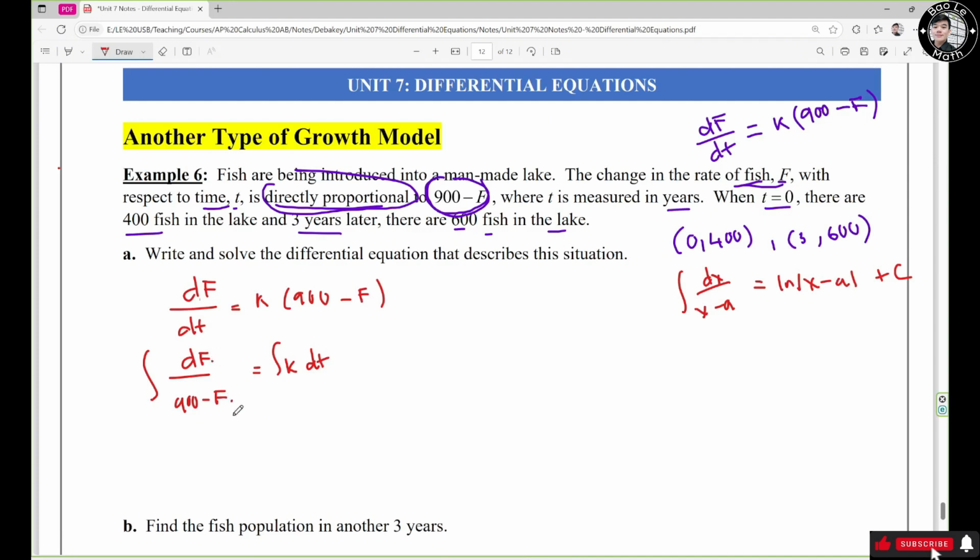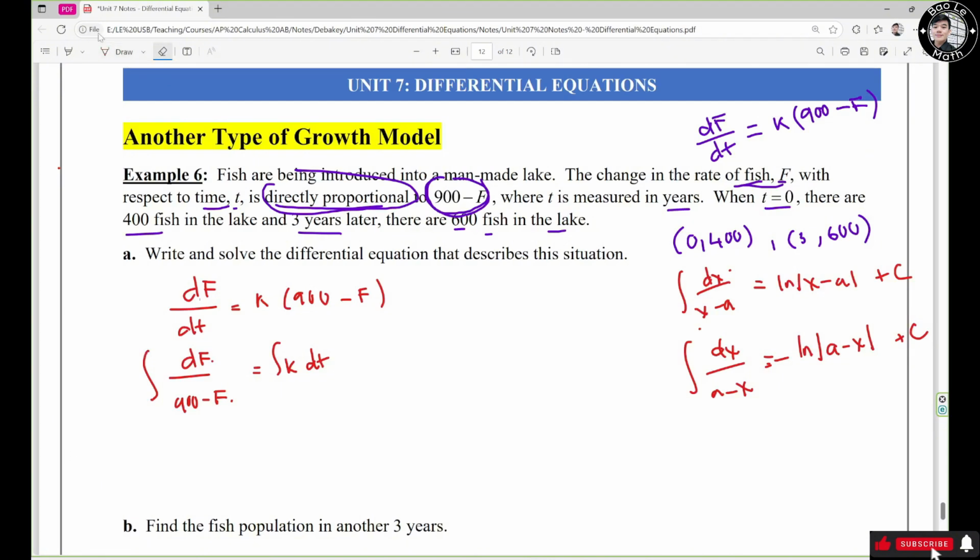Look at this, so it's going to be opposite. It turns out the anti-derivative of ds over a minus s is going to be minus natural log of absolute value of a minus s plus c. So keep that in mind.